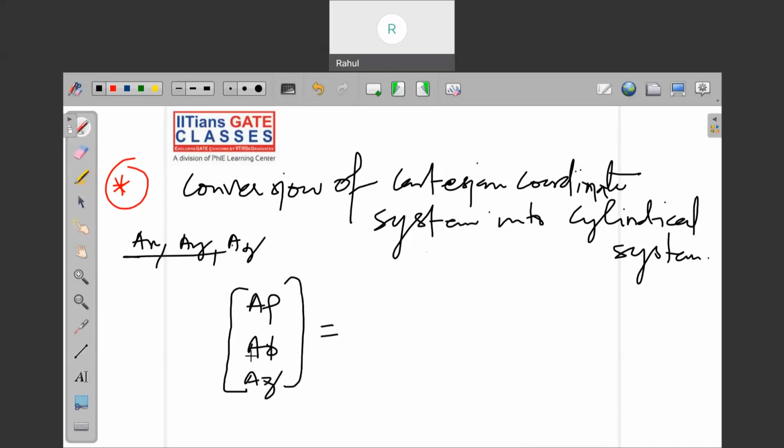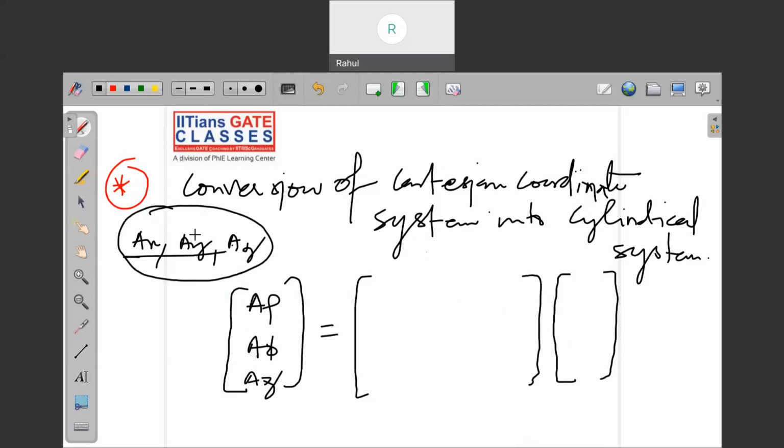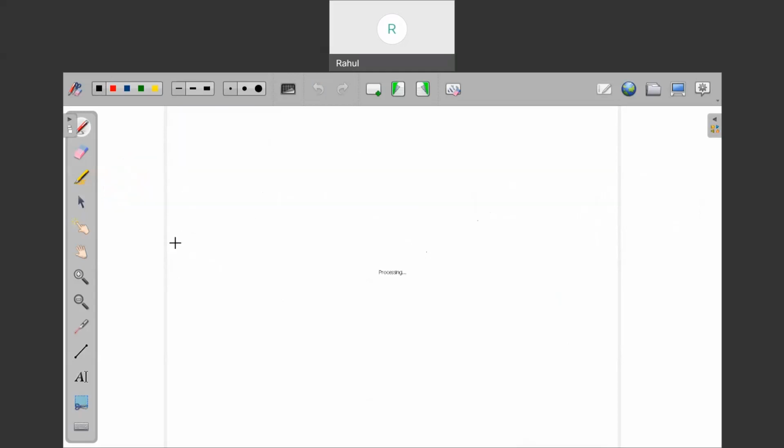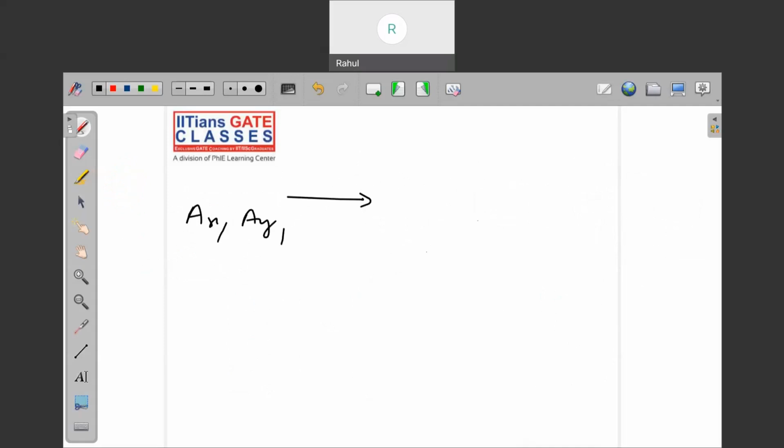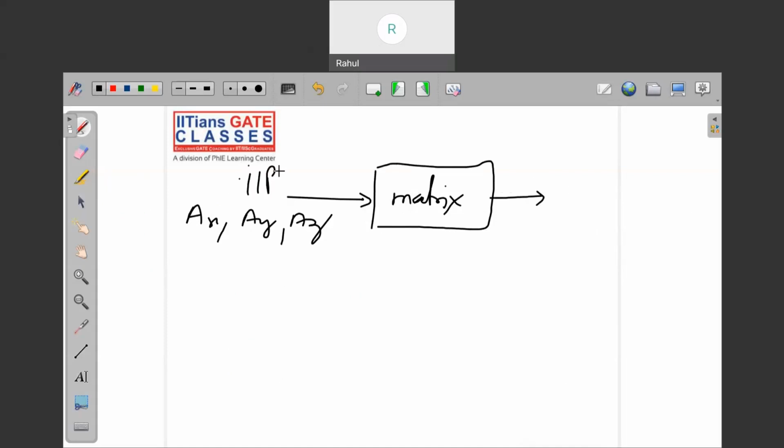What you have to do here is put A rho, A phi, Az here, and one matrix will be there, where the input has to be given, right? You have to introduce this Ax, Ay, Az. Suppose Ax, Ay, and Az components are given, so you have to give these components to this conversion matrix as an input, and you will get the output. So this is going to be your input and this is going to be your output, right? So this matrix will convert directly.